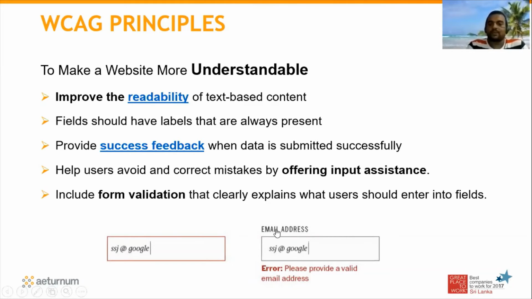In the next one you can easily see the email address label, and the error message is also printed separately and clearly. So if a blind person is using a screen reader to access that web page, the screen reader can read that error message, so that person might get to know, okay, I'm stuck with my email address, I need to correct it, right? Okay.